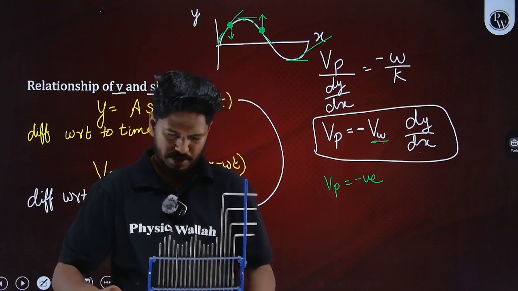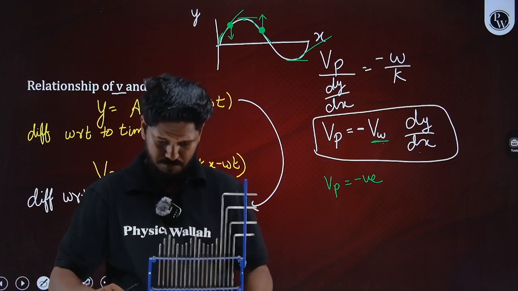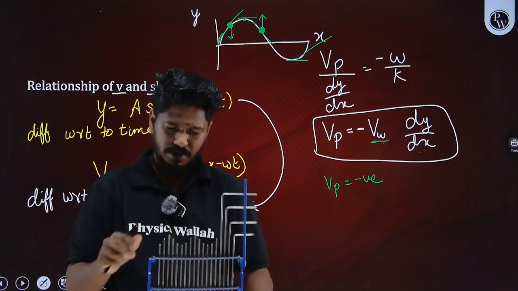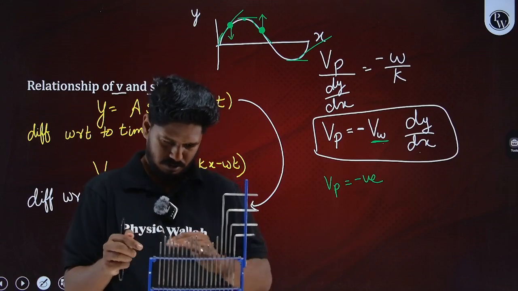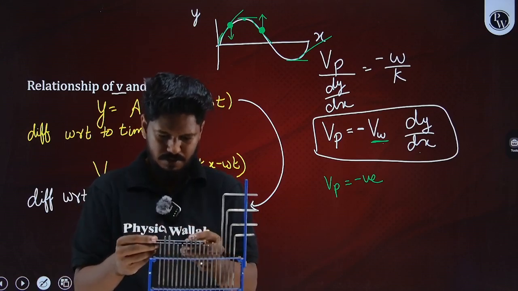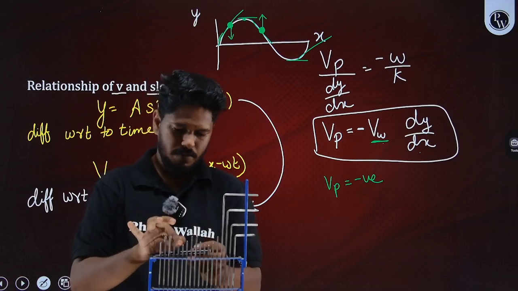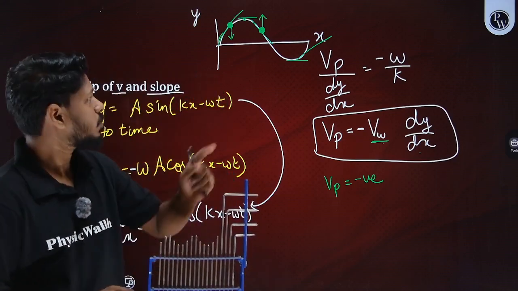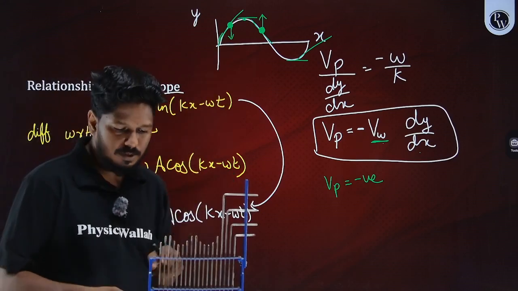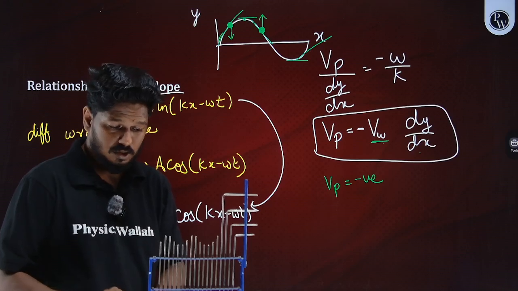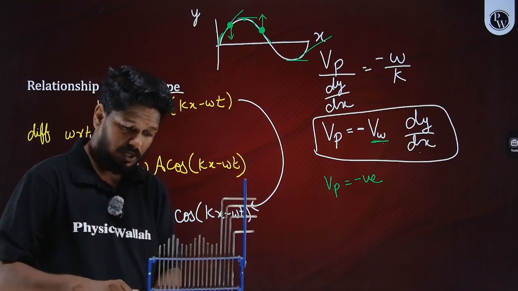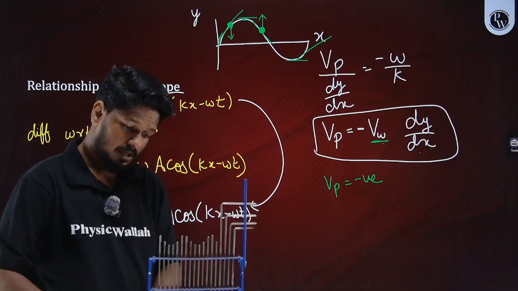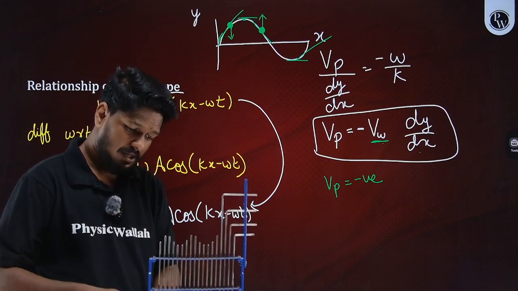Let me say this is my average line. So the wave is going up and it is down. Just see about this particle. What is going to happen to this particle? As per our equation, it is going to go down, right? So if I rotate, see, is it going down? Yes, sir. Let me bring back the same condition again.